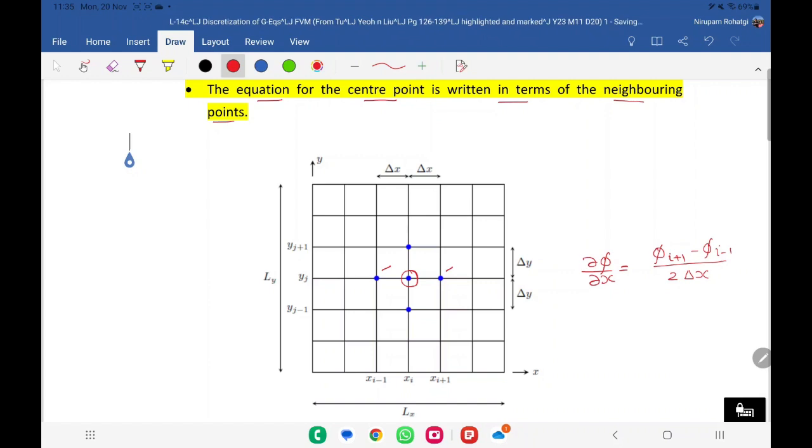So you are going to the right point, you are going to the left point, and you are doing the same thing when you want to find out del phi by del y. You can do it phi j plus 1 minus phi j minus 1 divided by twice delta y. So the equation at a particular point is written in terms of the neighboring points.